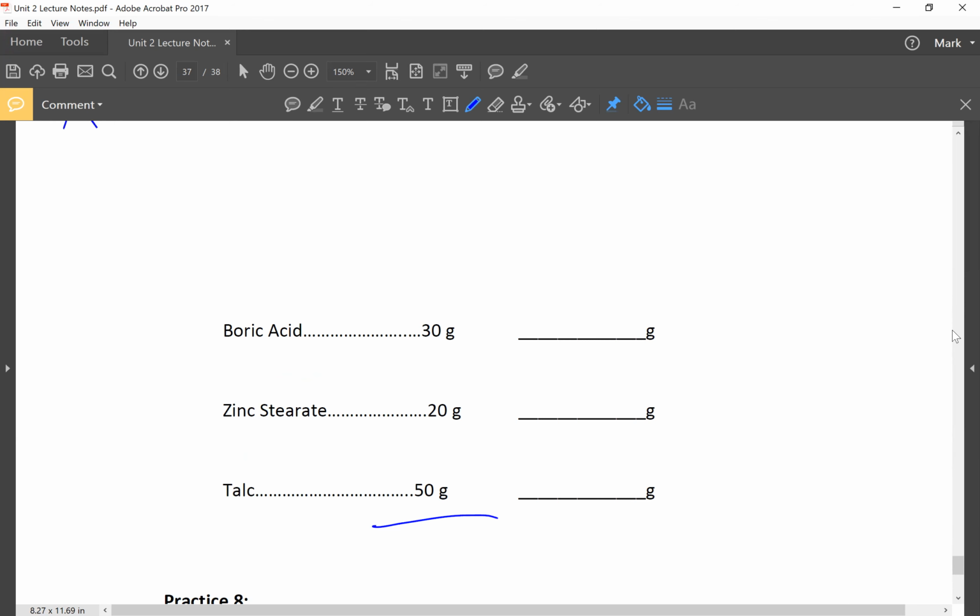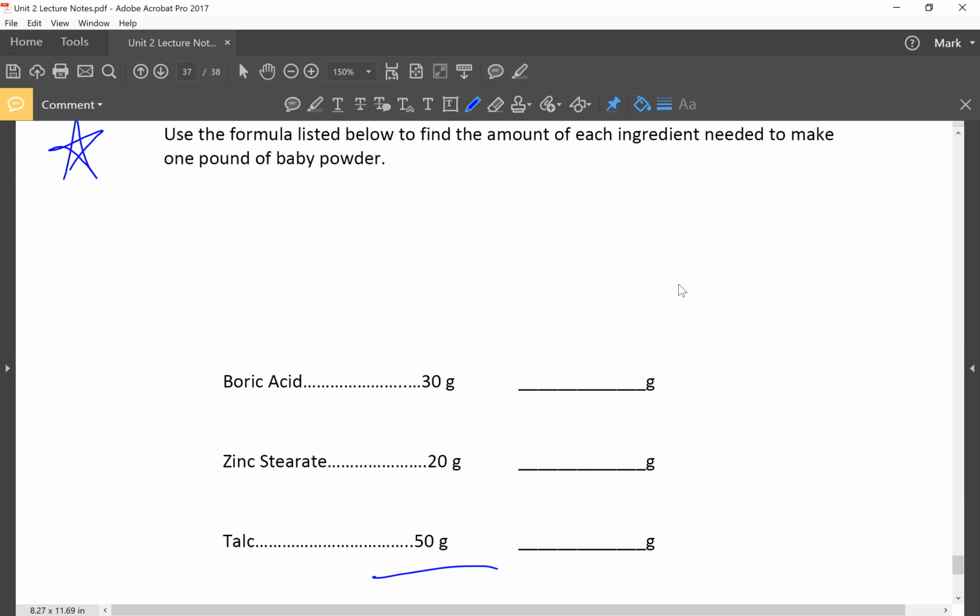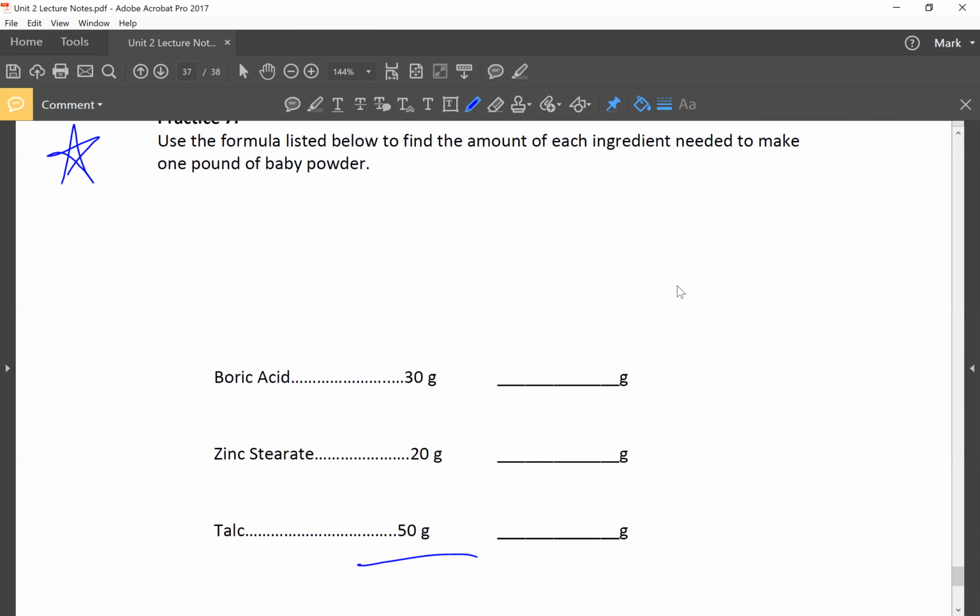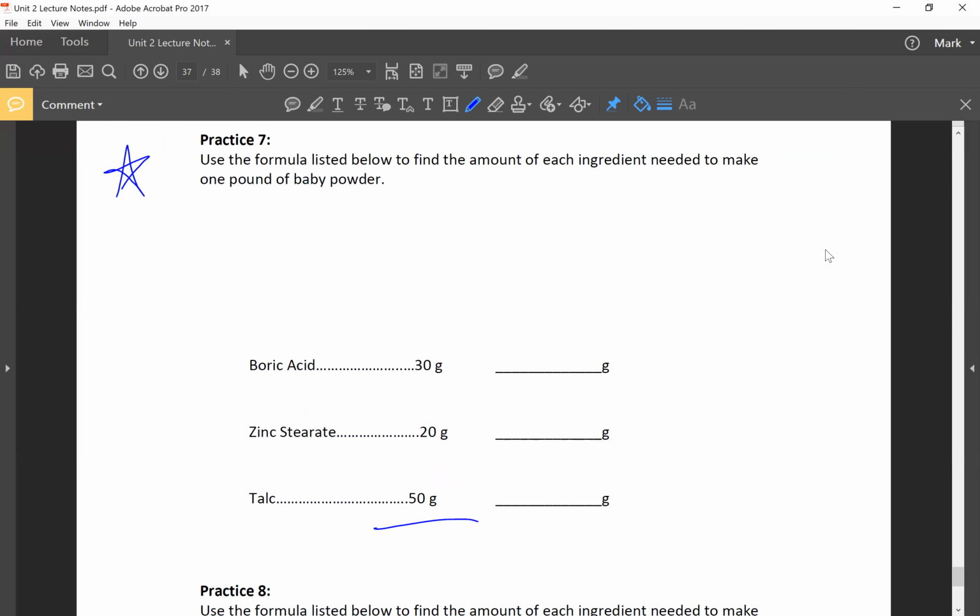This is a recipe. I want to make 1 pound of this powder. But how much does the recipe actually make? Well, if I add up all of these numbers, 30 and 20 and 50, this recipe makes 100 grams of baby powder.